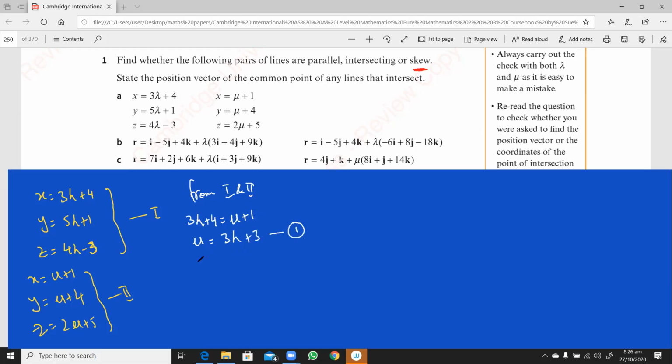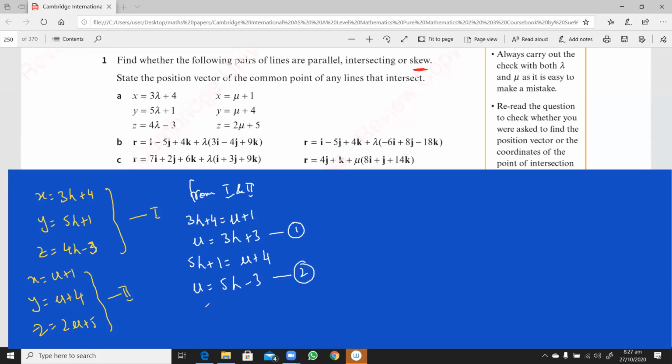Then we equate y with the y. So we have 5 lambda plus 1, that is equal to mu plus 4. I'm intentionally writing them as mu equal to. You can write them in any way you want.